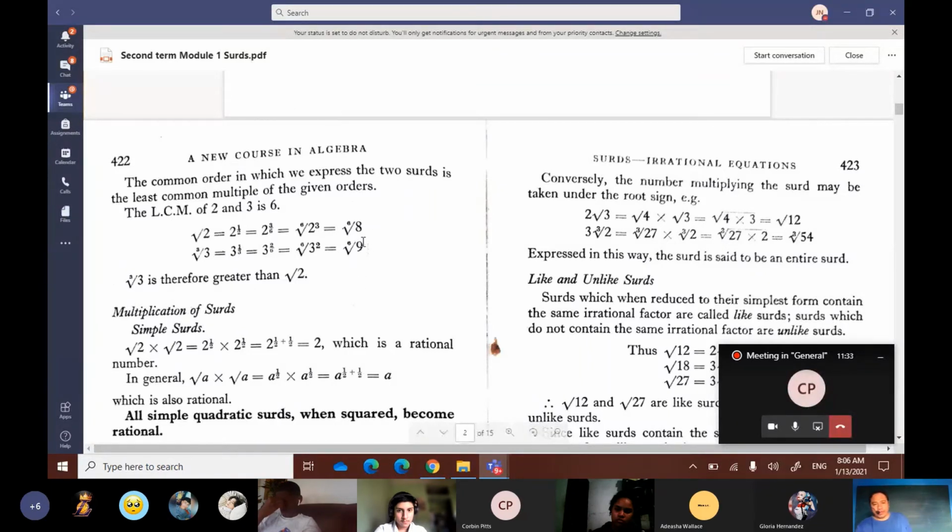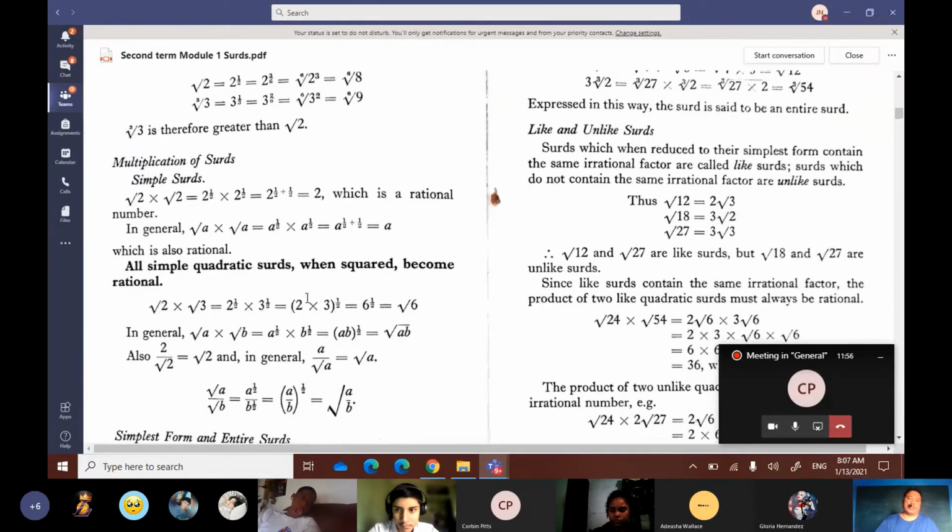Hence, comparing the 6th root of 8 and the 6th root of 9, obviously the 6th root of 9 is larger. So the cube root of 3 is greater than the square root of 2. Just making you understand this section because it's very important.